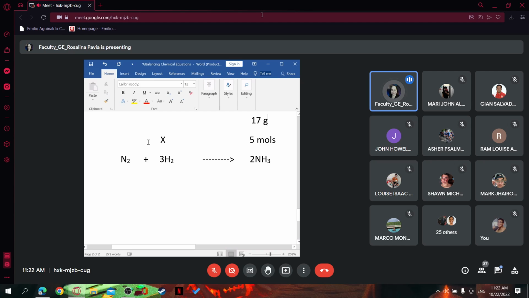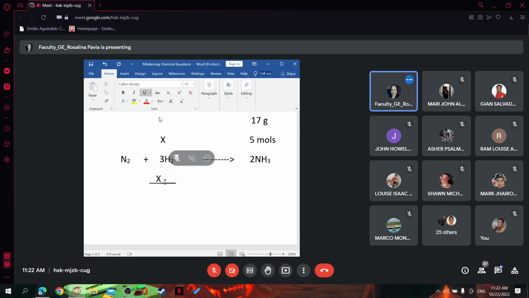So, hahanapin natin yung grams ng hydrogen. Mass ng hydrogen. Okay? Making use of the formula, mass X is to three times.